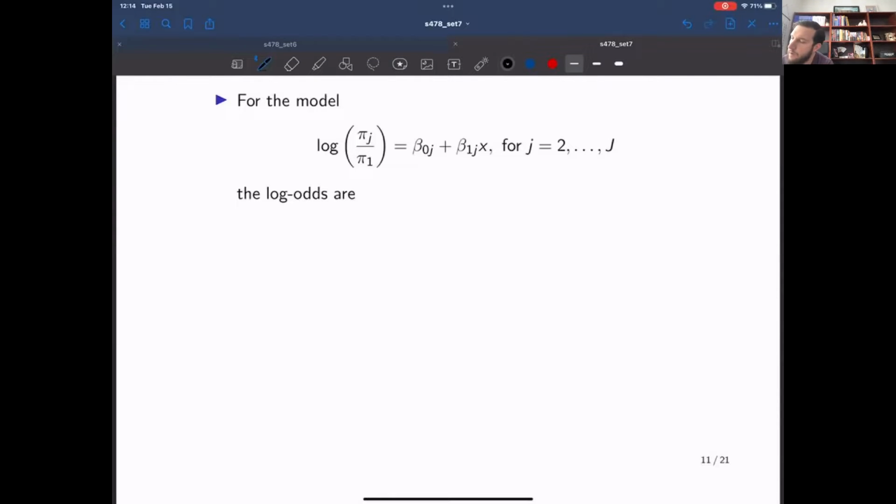We have log of pi j over pi 1 equal to beta naught j plus beta 1 j x, for j equals 2 to J. That means that the log of pi ja divided by pi 1a is equal to beta naught j when x is equal to 0.